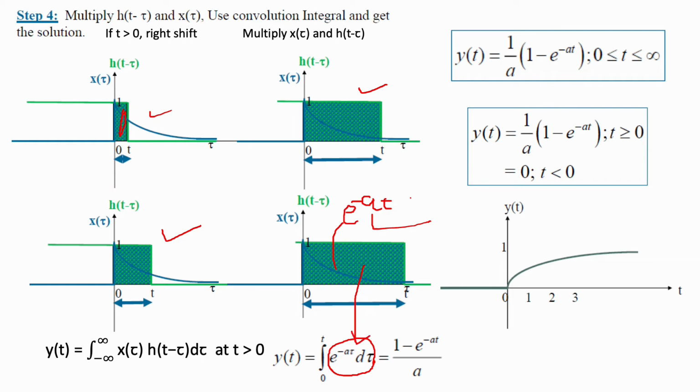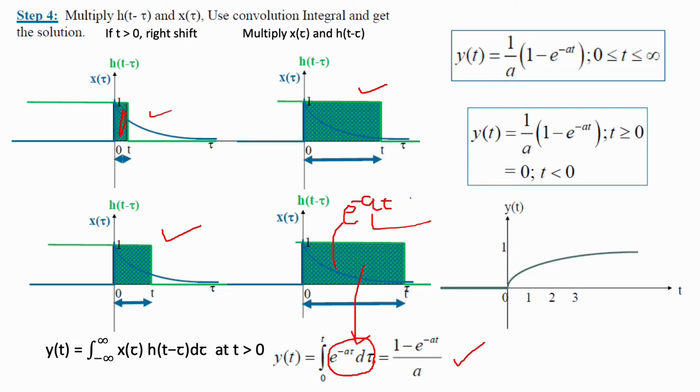Now you integrate it, substitute the upper limit and lower limit, and you will get the answer for the first part. Now y of t is equal to, if it goes till infinity, this concept remains the same. The final answer is y of t equals 1 by a, 1 minus e power minus at, with the limit 0 to infinity, for all positive values.